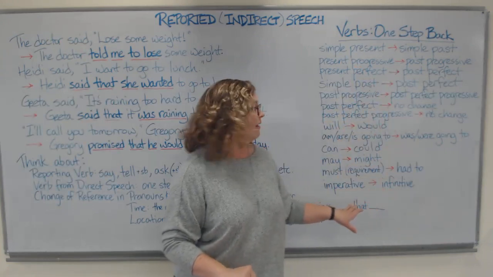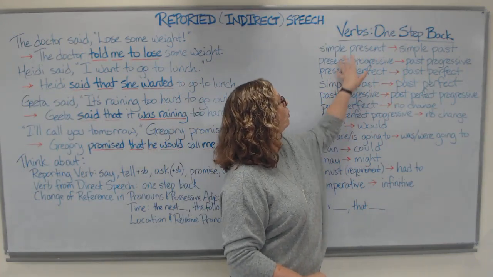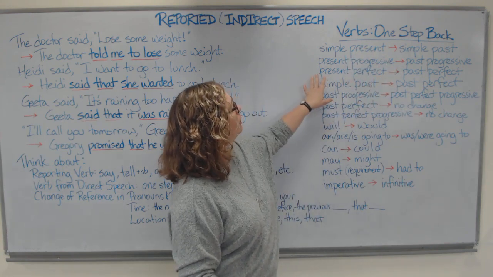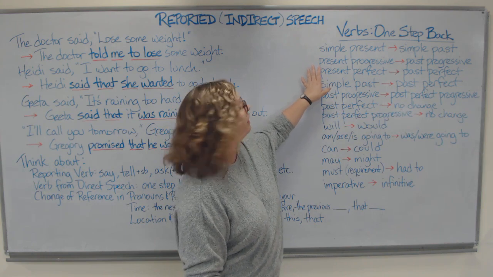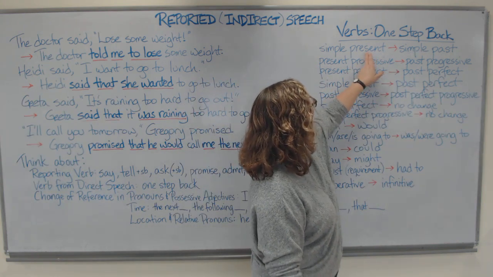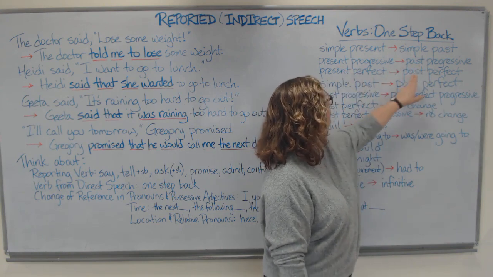Over here, I have the listing of how this works. If you look over here, what pattern do you see? It should be clear that the present changes to the past every time.